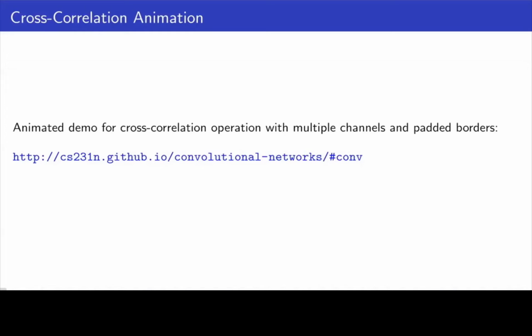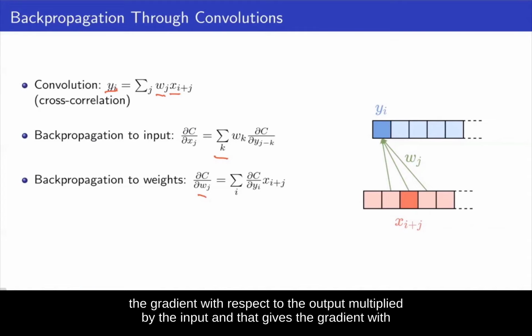We also need to backprop with respect to the weight w_j. So we have one input x and an output y and a weight that connects these two. We have seen that for a linear module, we take the gradient with respect to the output multiplied by the input, and that gives the gradient with respect to the weight.